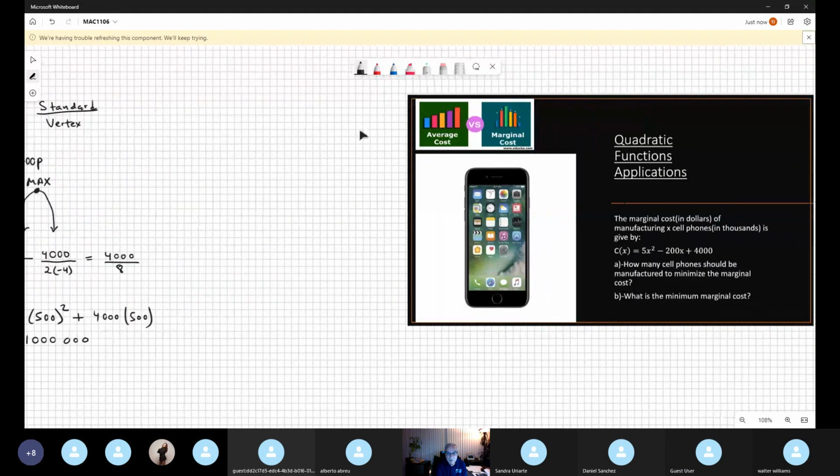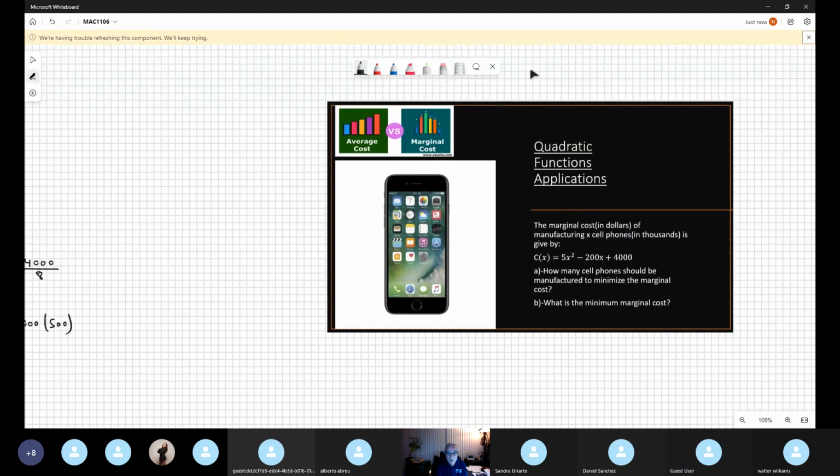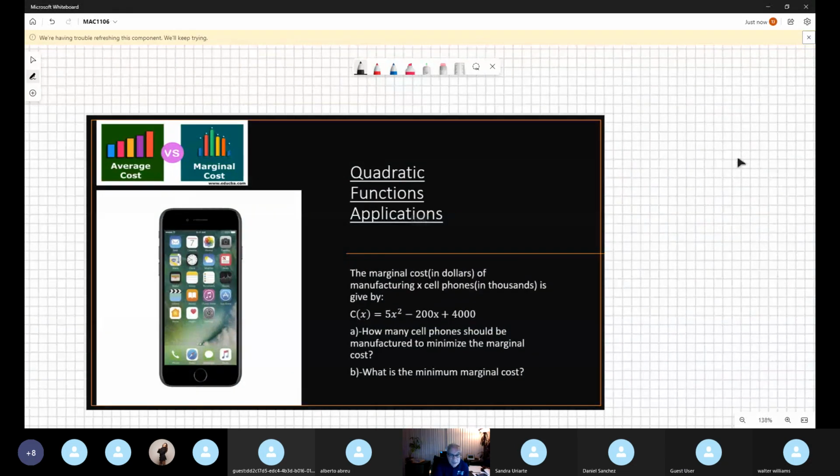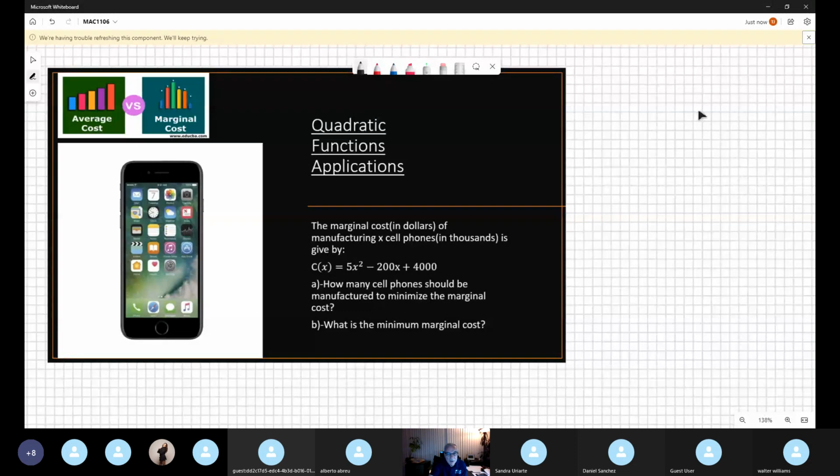Okay, about a smartphone. This is the quadratic function application. In that case, they're probably talking about the marginal cost in dollars of manufacturing x cell phones, where x is the independent variable, expressed in thousands.